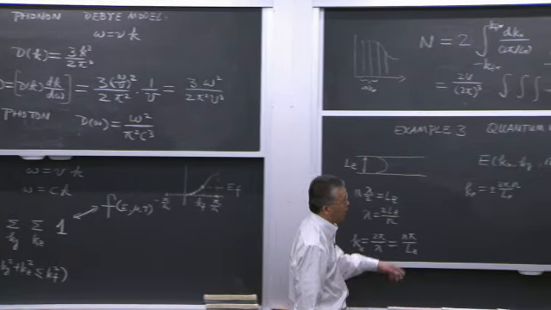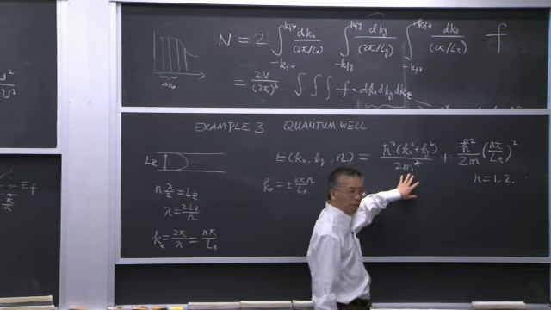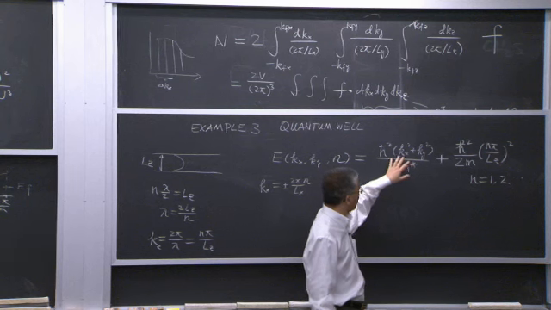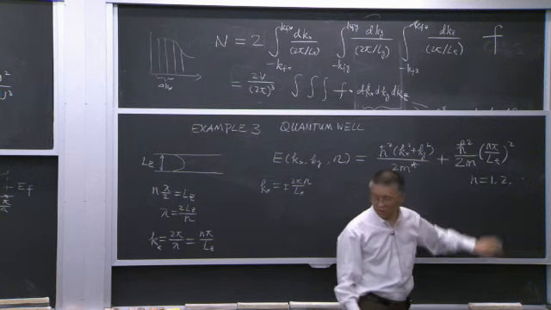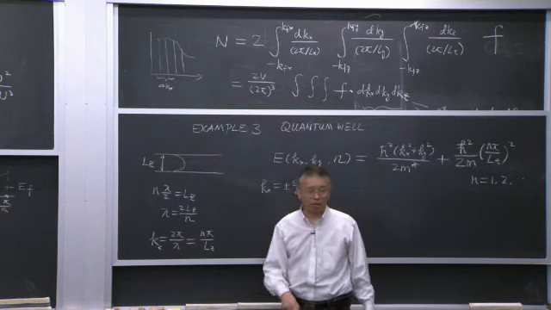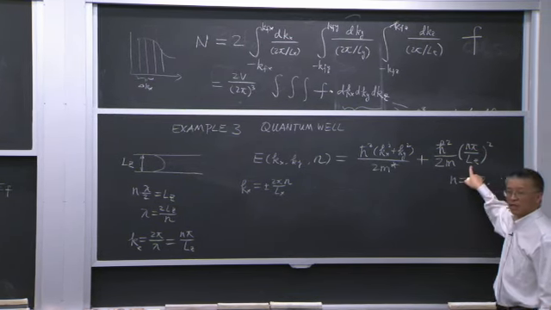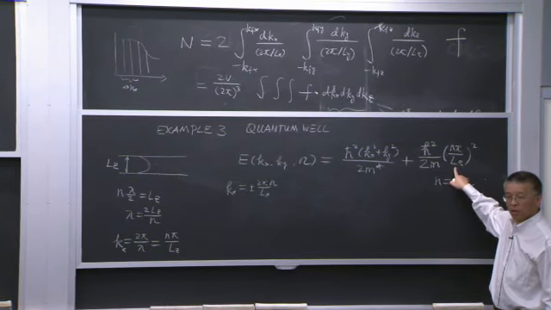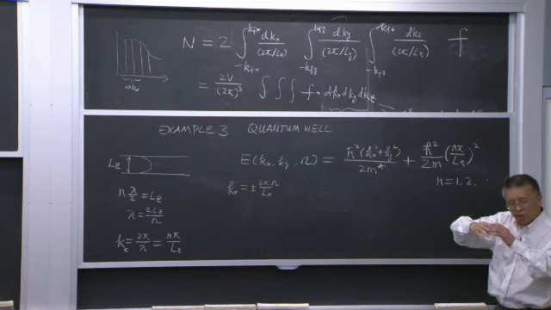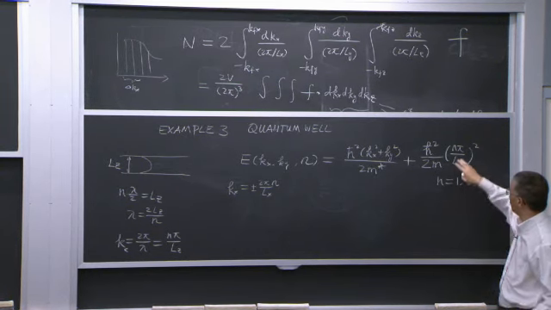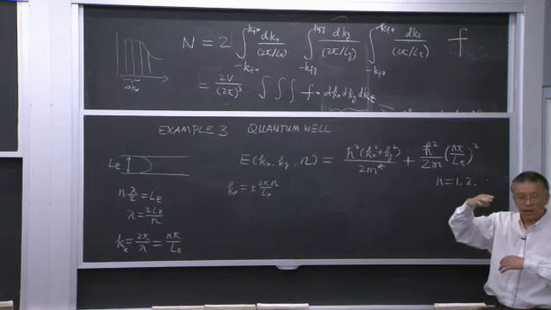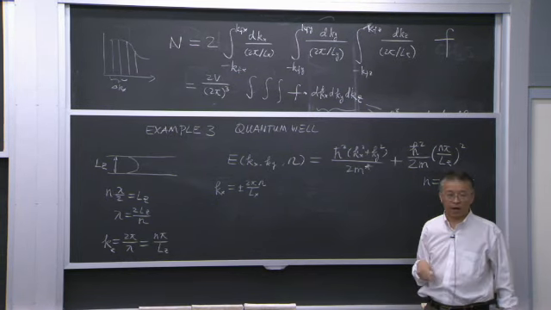So this is my energy level. Now I do a standing wave. And because my Lz is very small, between two consecutive n, there could be many kx, ky.